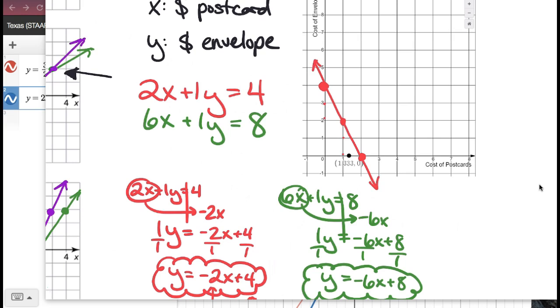There is the first customer's mathematical representation of their trip to the store. The second equation has a y-intercept of 8, there's 8, and a slope of negative 6, which means I'm going to go down 1, 2, 3, 4, 5, 6, and over 1. 1, 2, 3, 4, 5, it's off graph, that's fine. So I'm going to grab my straight edge and connect the dots between these green equations.